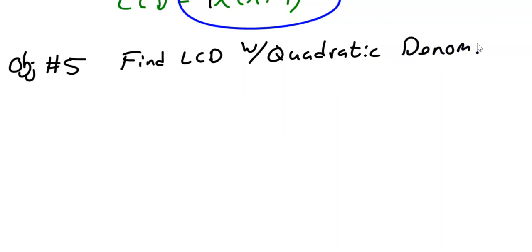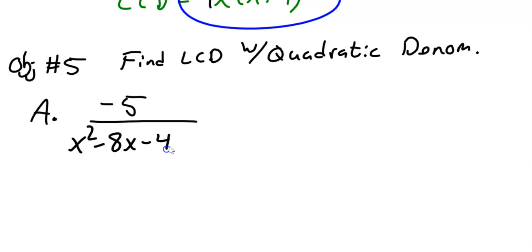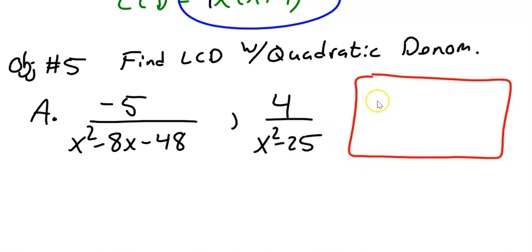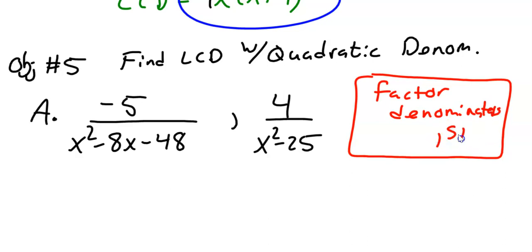You factor out your denominators as much as you possibly can, and then you see what you have left over from there. You still got to factor out your denominators first before you do anything else.